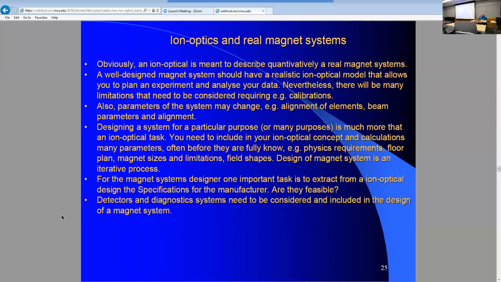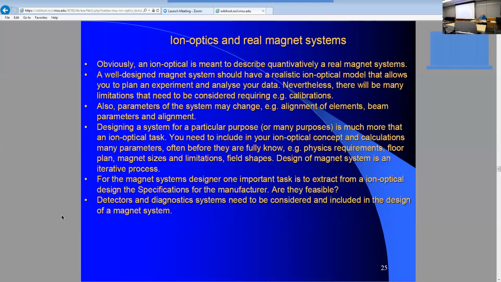Also, the parameters in the system may change, right? Because the code doesn't change, but if alignment changes due to settling of the elements, moving one magnet in, one out, the beam parameters change. At the entrance of the code you assume you have some beam parameters, but when the operator delivers the beam, it may be different. That is a usual problem.